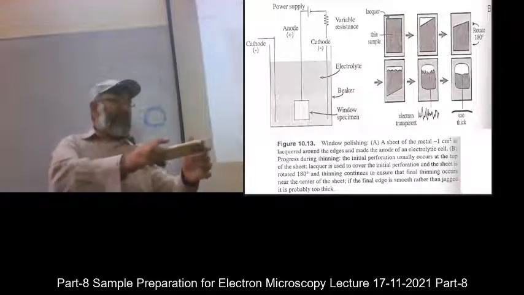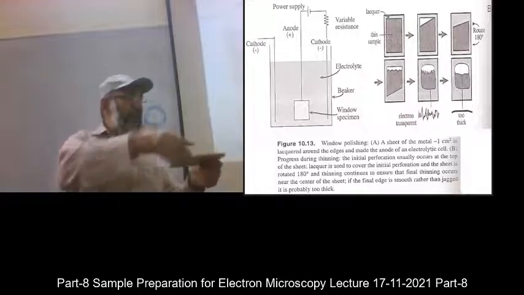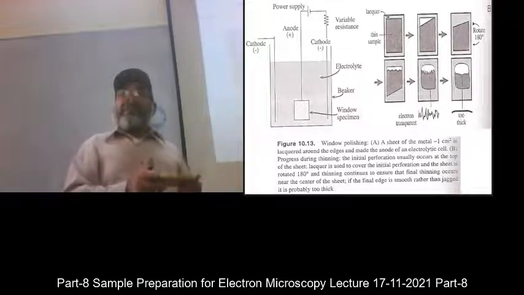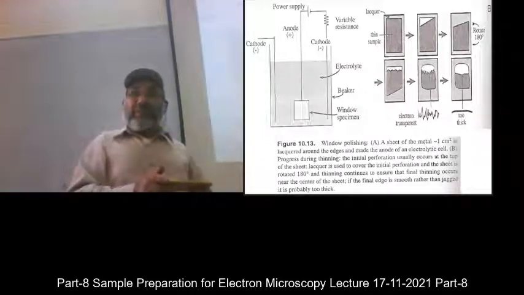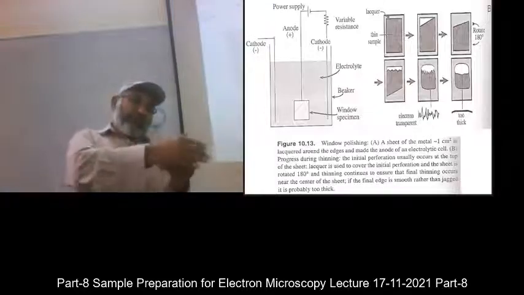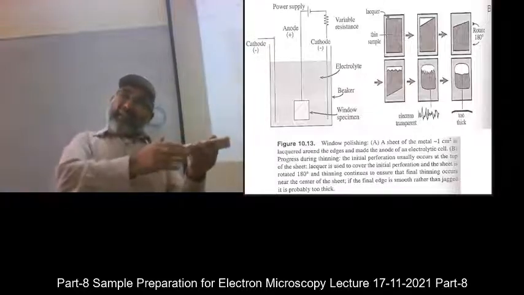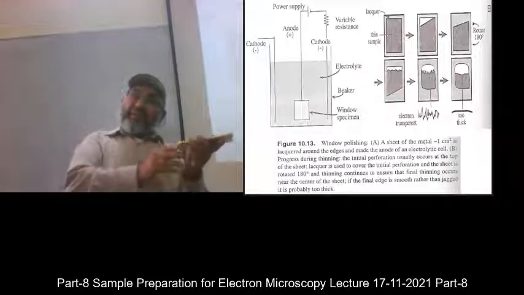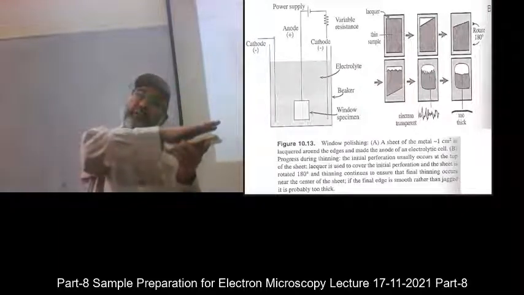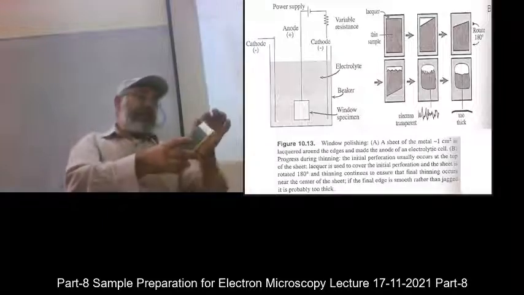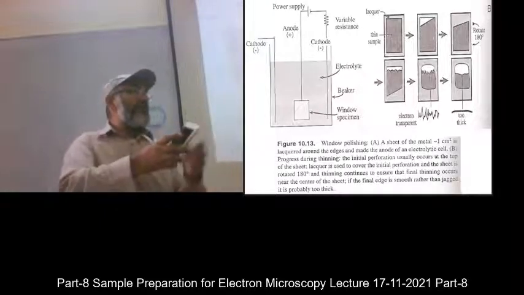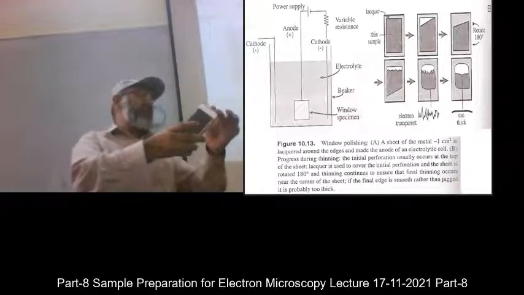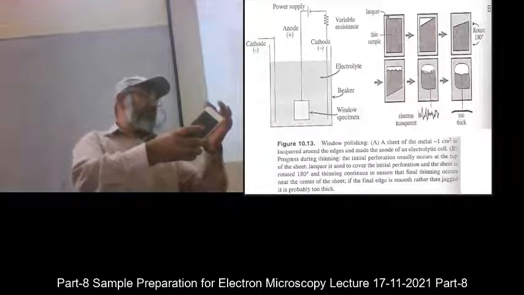But if this area is coated, then it is short-circuited. So what you do, you first hide this area with a cello tape, right? So the coating on both sides occurs, and when you remove the cello tape, then the short-circuiting is removed.